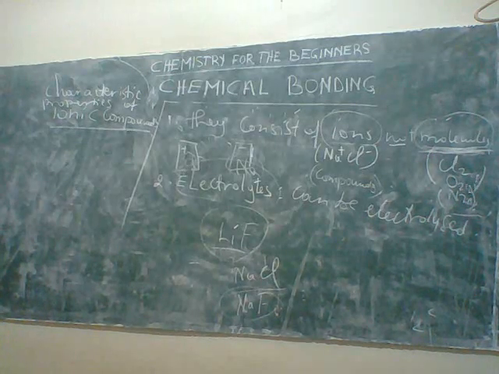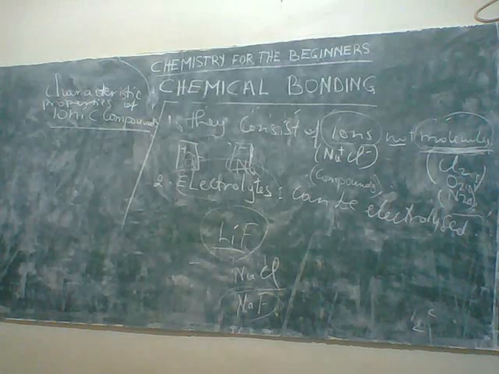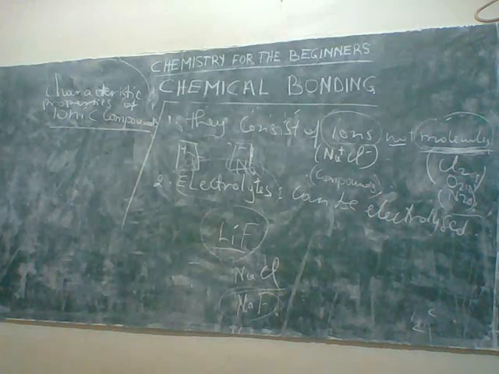Number three, let us see the characteristic property of ionic compounds. We can say they are solids of high melting point.